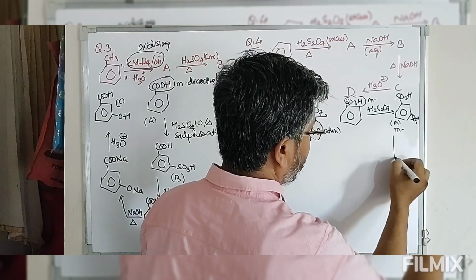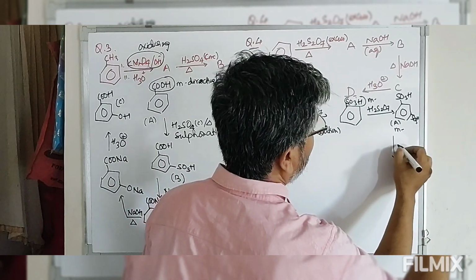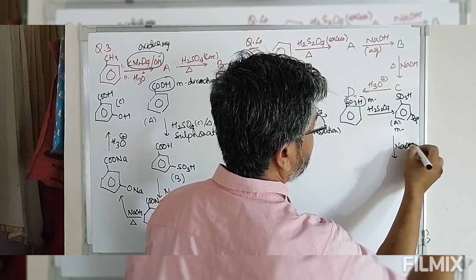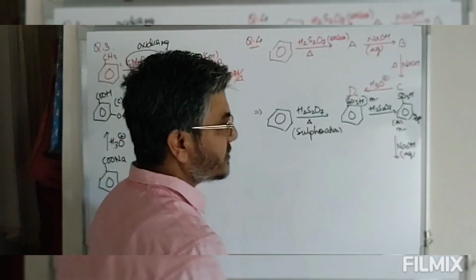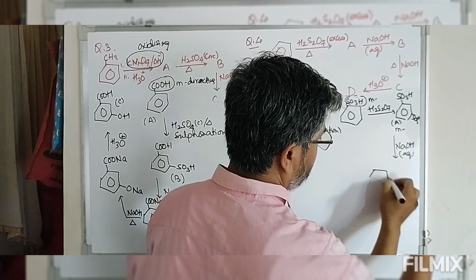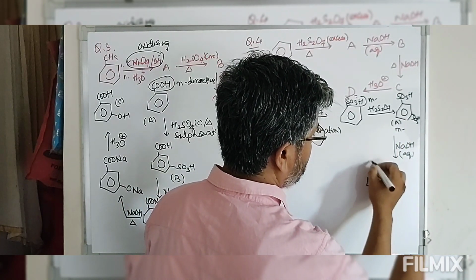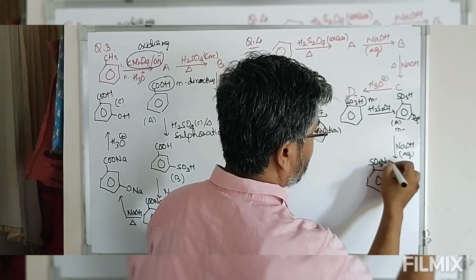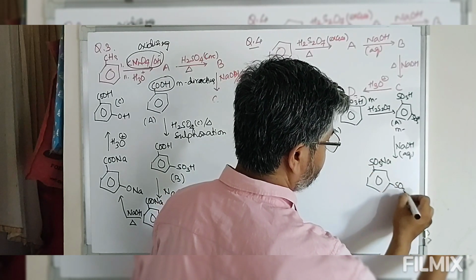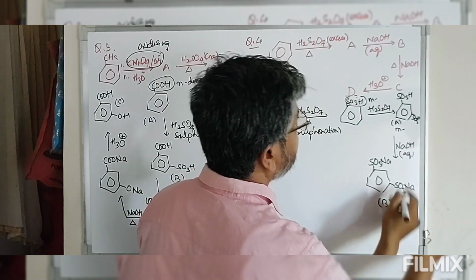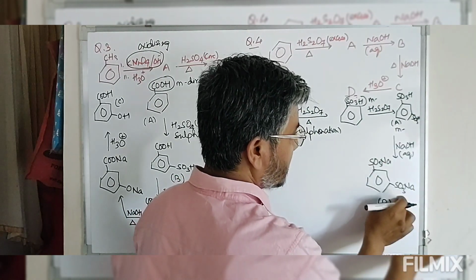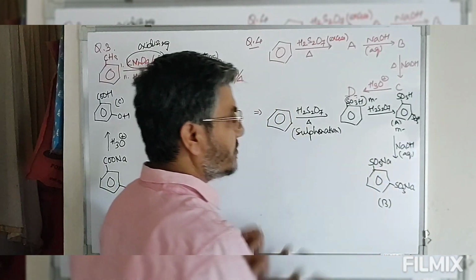Now this sulfonic acid group on reaction with aqueous sodium hydroxide, so we have acid reacting with base to give you salt. So the sodium salt of sulfonic acid is formed. Now this is our compound B, that is simply acid base. This is acid, this is base, so acid and base react to give you salt.